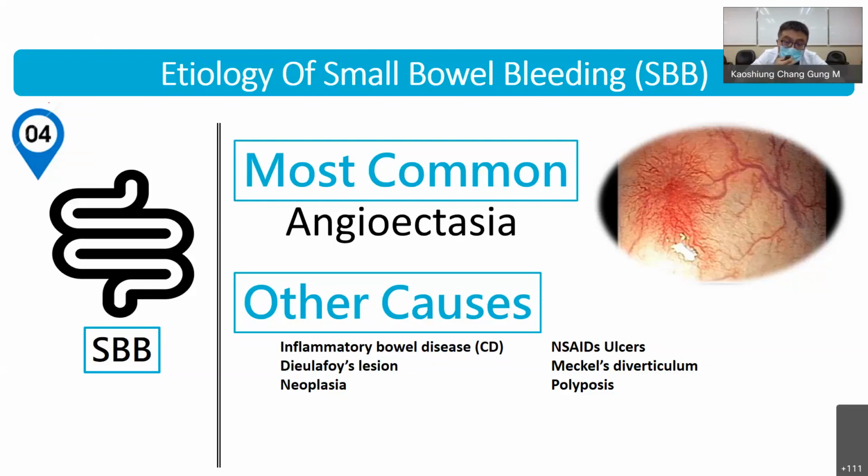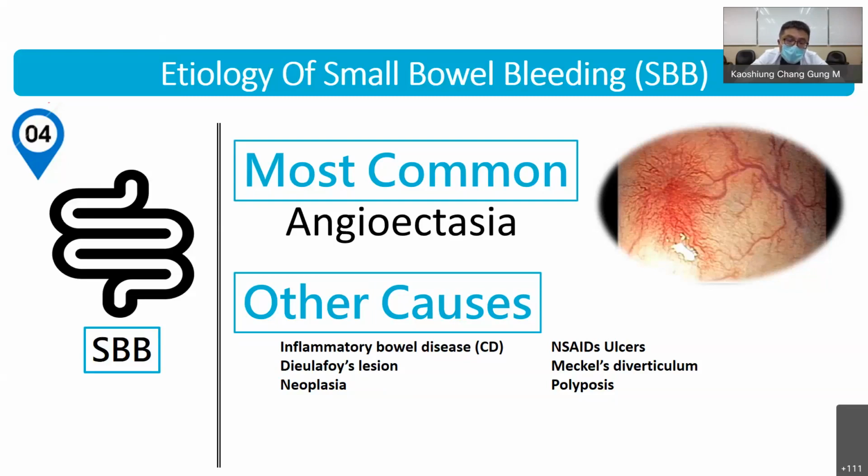So these patients have a higher prevalence of angioectasia. So if patients have intermittent small bowel bleeding and chronic kidney failure, we can suspect that patients have angioectasia bleeding over the small intestine.